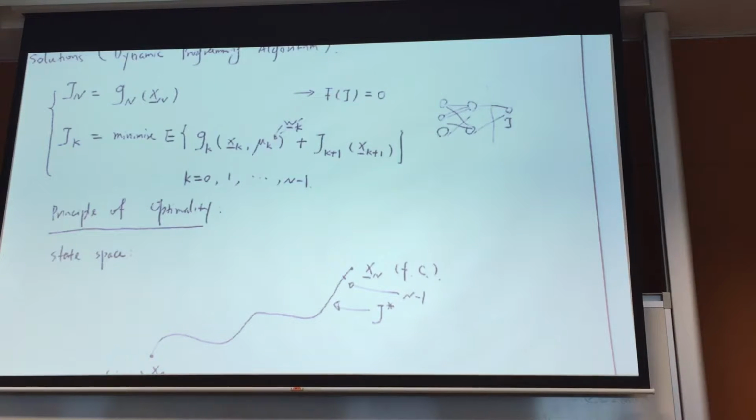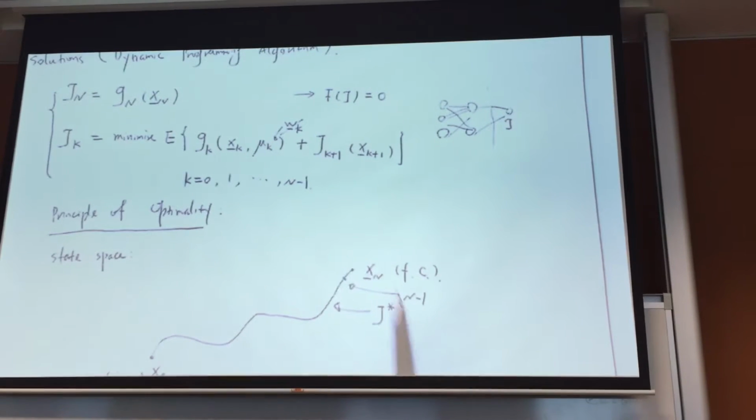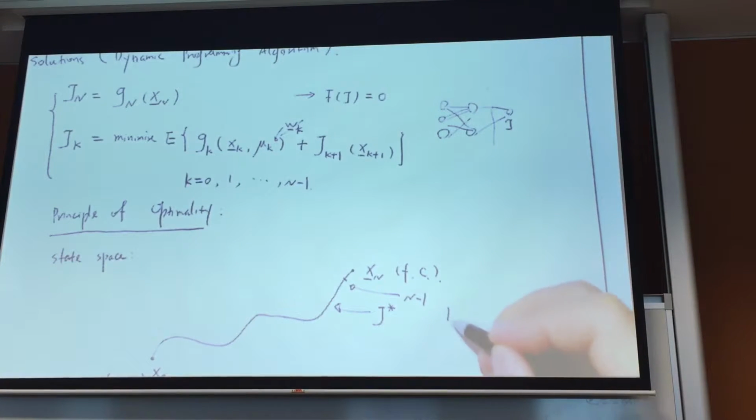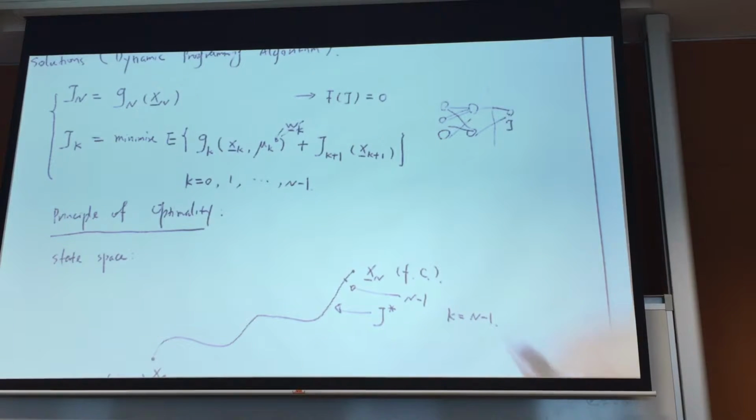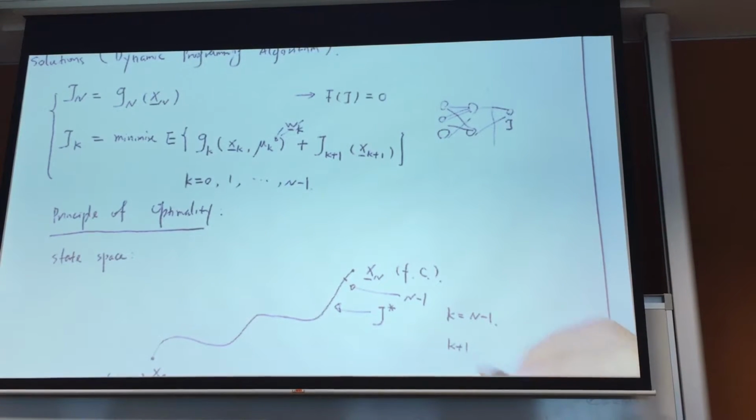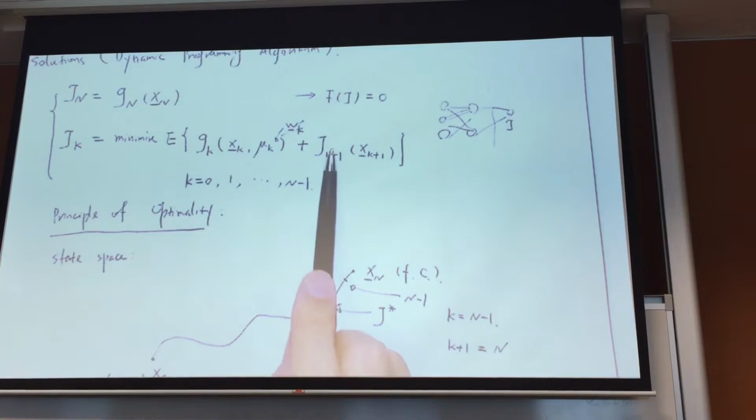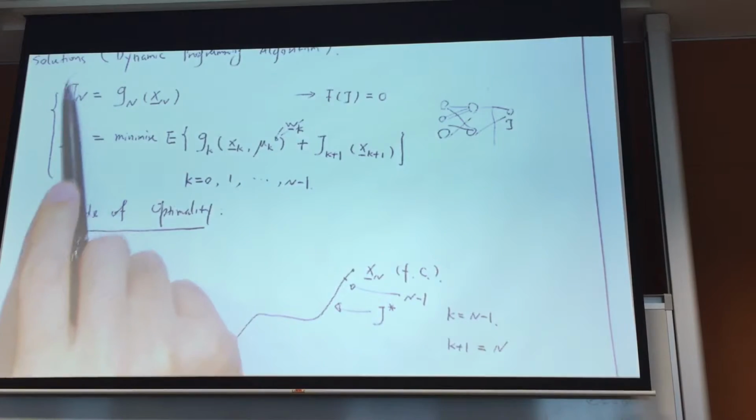For the n minus 1 step, this J k plus 1: if k equal to n minus 1, then we have k plus 1 equal to n, so this one will be given by this one.